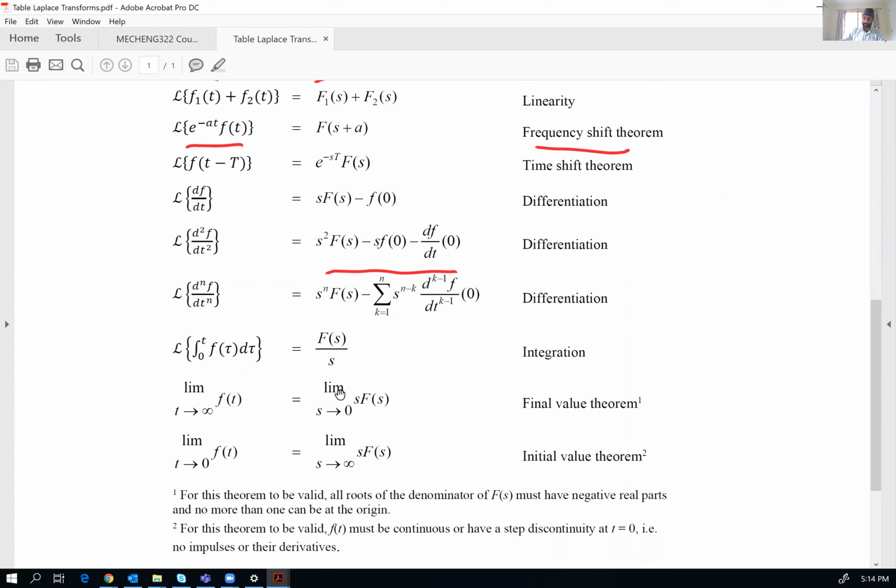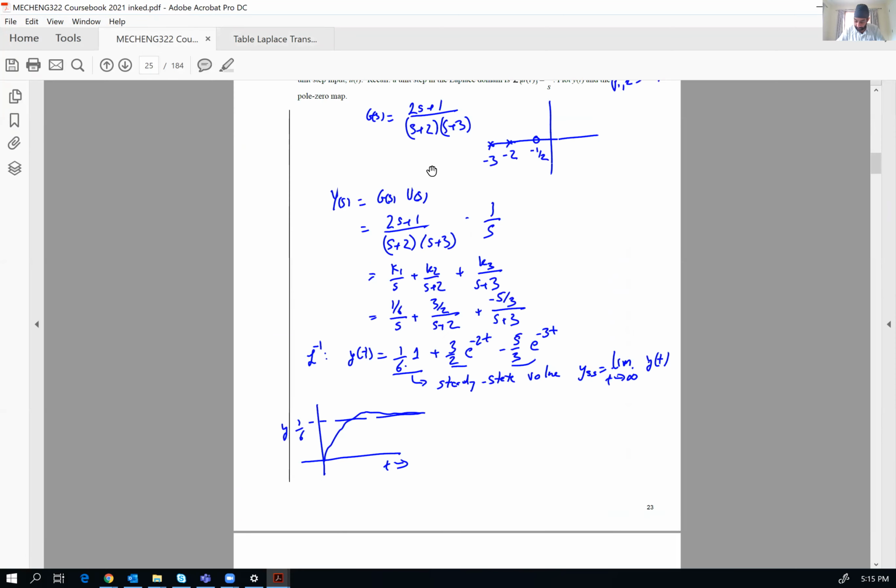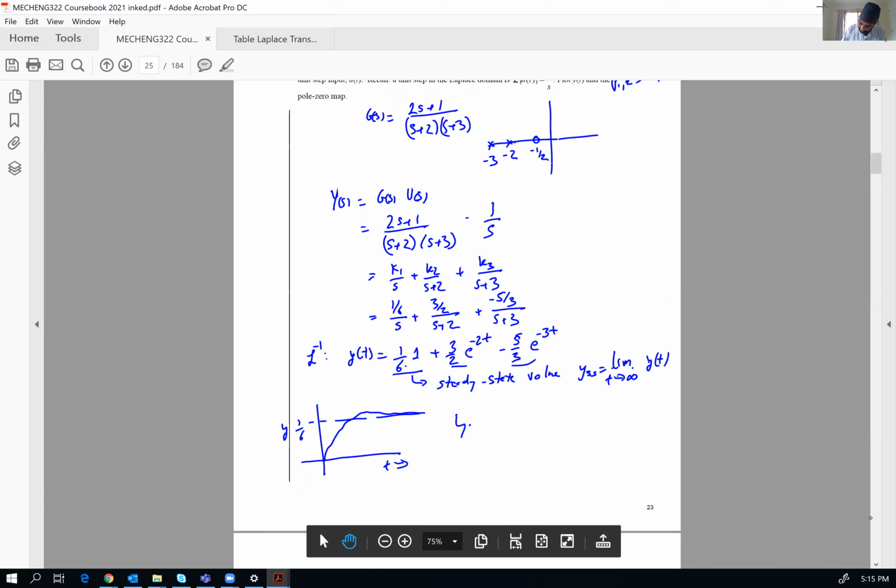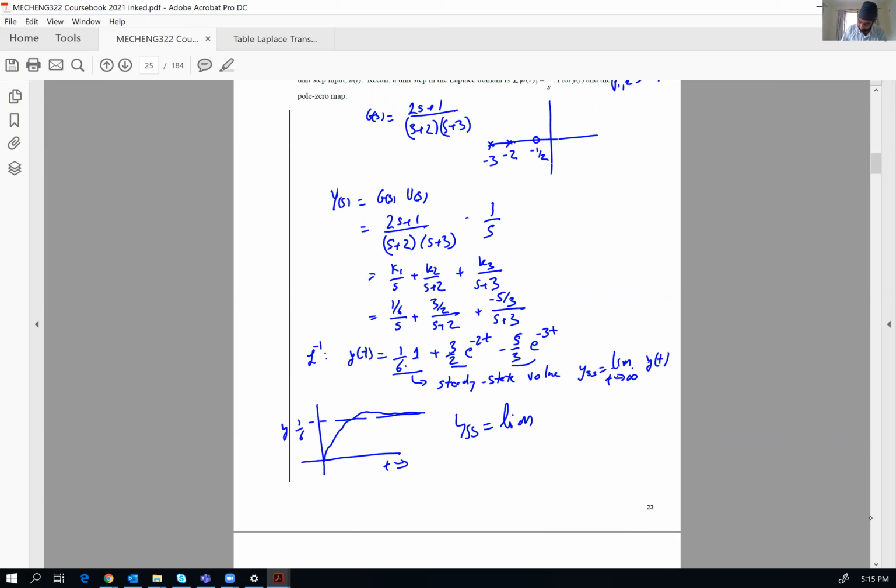This can be found just by taking the limit s tending towards 0 of s times F(s). So if we were trying to find the steady state value, we could also find it from the Laplace transform Y(s) using the final value theorem. We could find y_SS is also equal to the limit s tending towards 0 of s times Y(s), where Y(s) was calculated before.